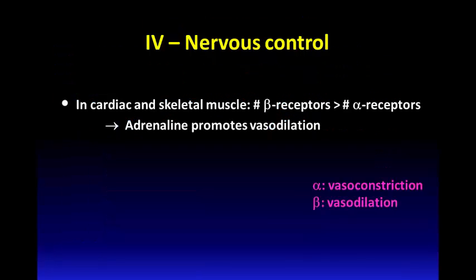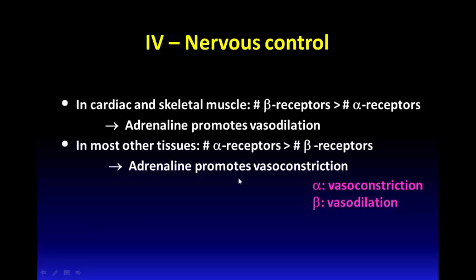The other view is that in the myocardium and in the skeletal muscles, the blood vessels have more beta-2 receptors than alpha-1 adrenergic receptors. Hence, epinephrine promotes vasodilatation.